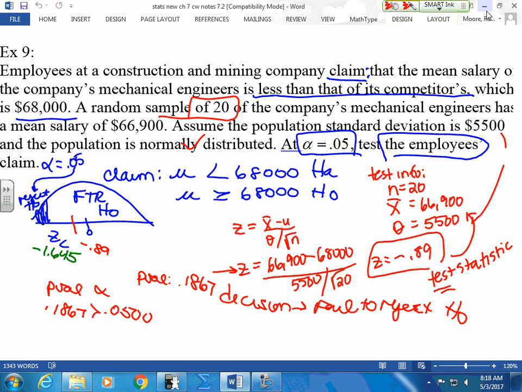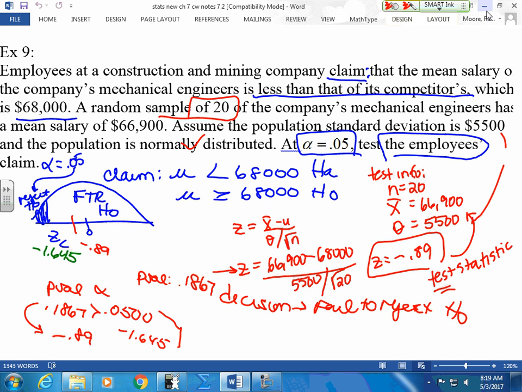So all we did this time was the flip side of this. We used our z-scores instead. These go together, these go together. So it's the same information, just looking at it from a different viewpoint. Instead of looking at areas, I'm looking at z-scores. I don't have to do this test.